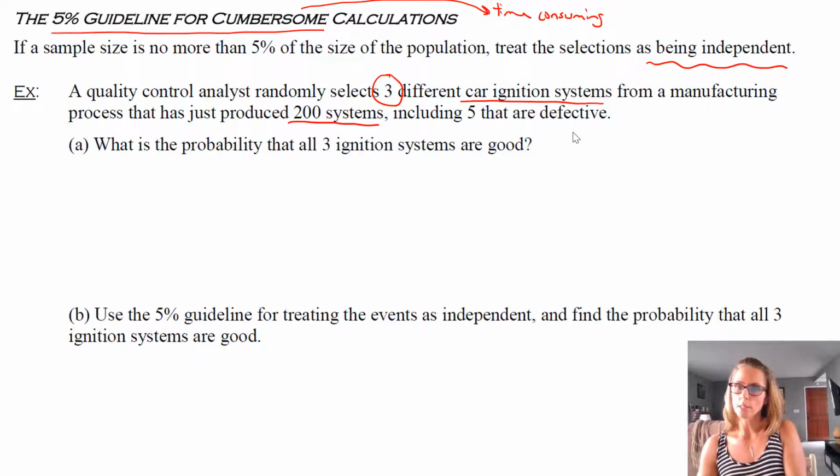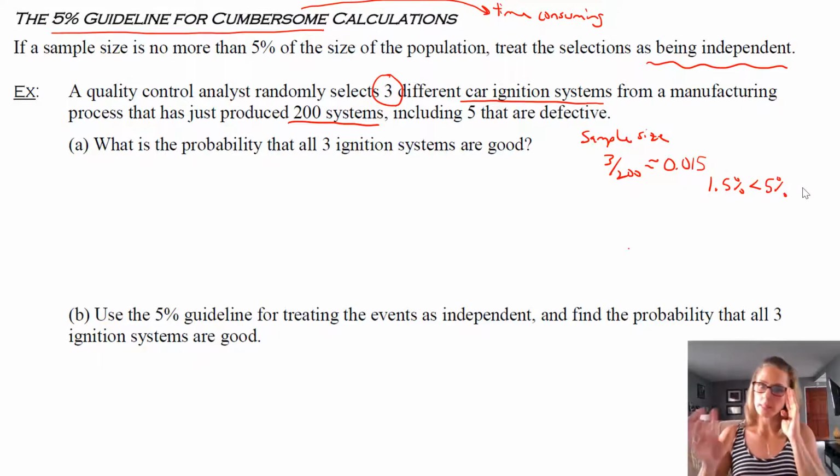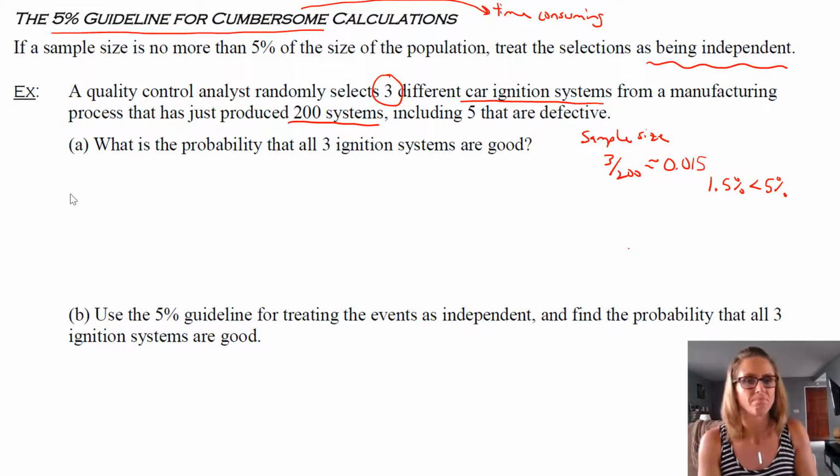So what we first want to recognize is that the sample size is 3 out of 200. This is 0.015 or 1.5%, which is definitely less than 5%. So we do want to realize the sample size being taken in the problem is very small. So they're going to check 3.